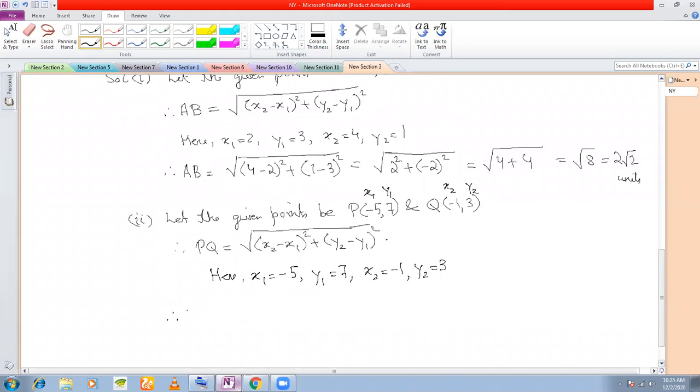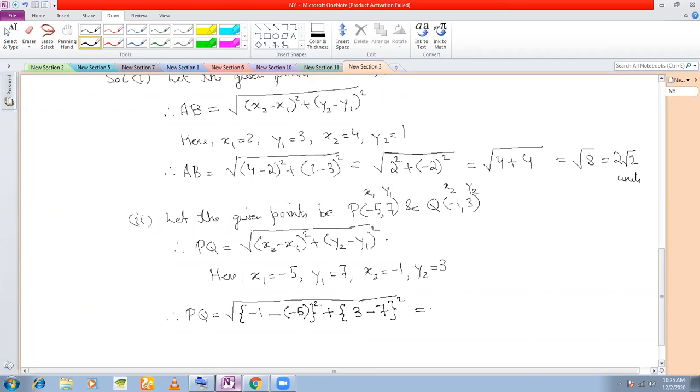So therefore PQ is square root of x2 minus x1. x2 is minus 1 minus x1. Now minus x1 means minus of minus 5. It will become plus 5. So I introduce a curly bracket here. So x2 minus x1 square plus next y2, y2 is 3 minus y1 whole square.